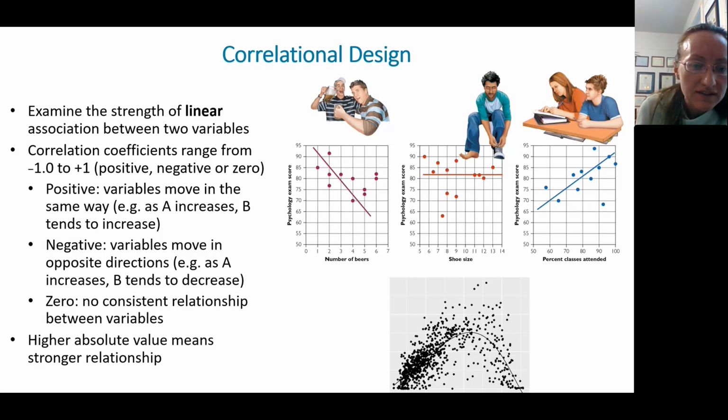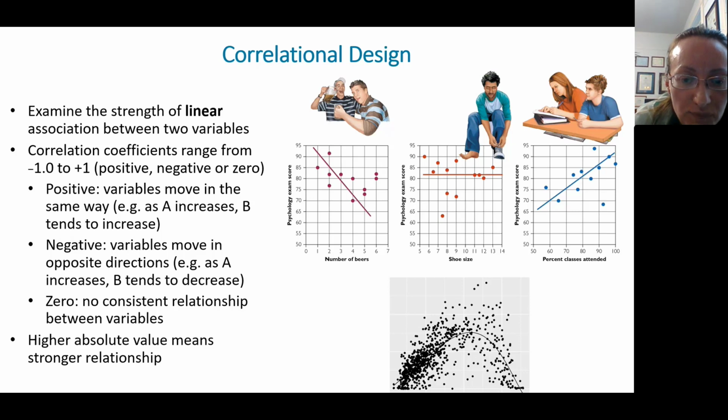Here is an example of a positive correlation, and there's more scatter in this relationship than in that one. In a positive correlation, as the value of X goes up, the value of Y also goes up.